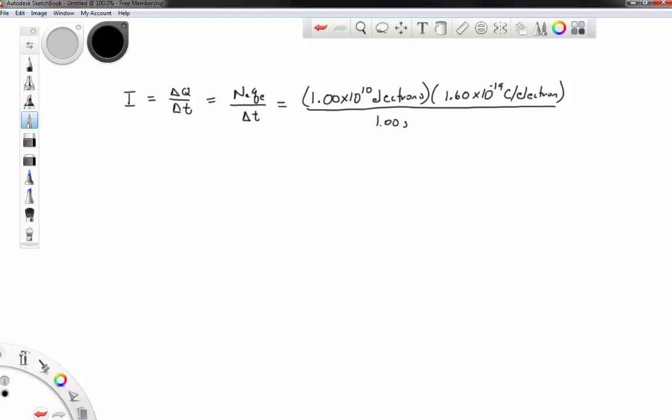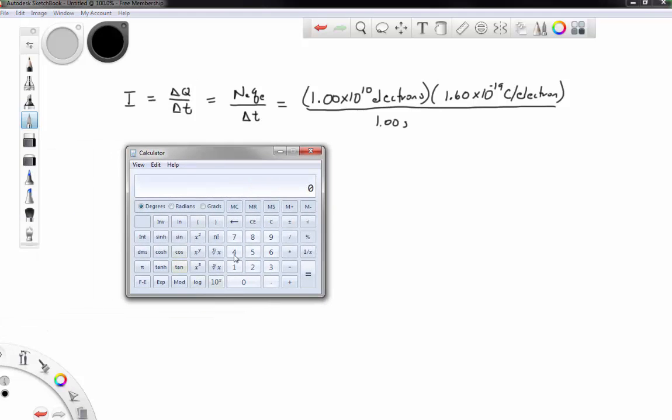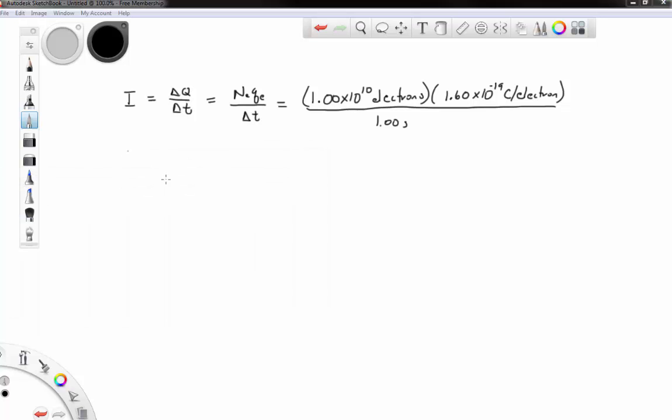Now we pull out our calculator, because I know you guys can't do this by hand, and we multiply 1 times 1.6, and we come up with 1.6, and you have to remember to divide by 1 second.